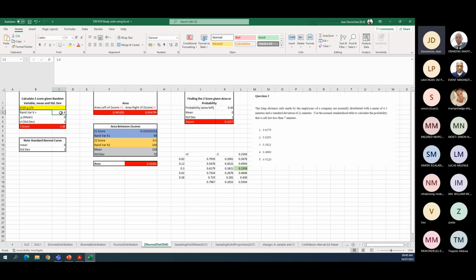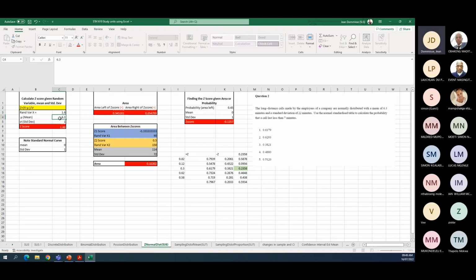So they tell us here that we're looking at the X. Let's look at what they tell us. Long distance calls made by employees of a company are normally distributed with a mean of 6.3.